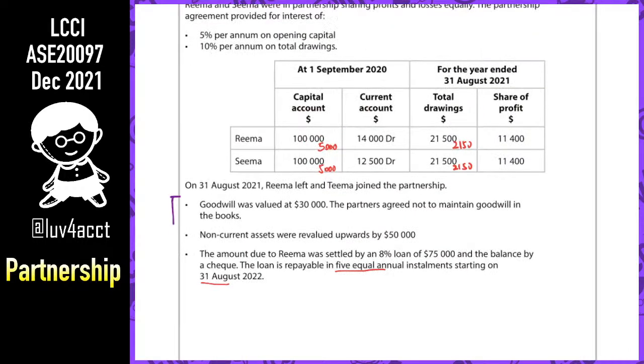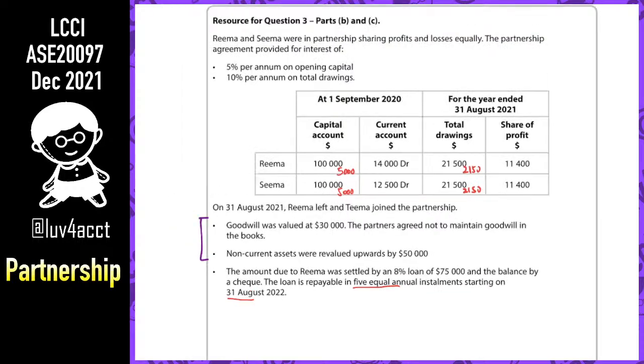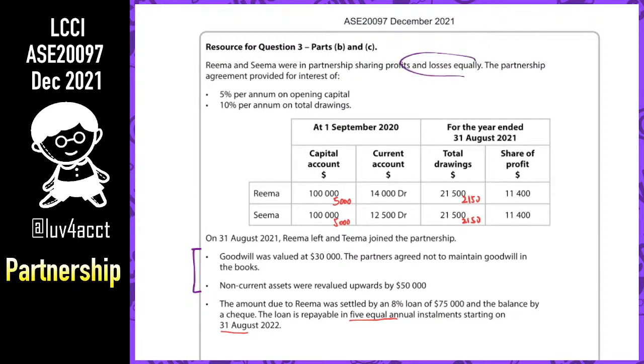Goodwill, from nothing to something, it is a creation, a revaluation upward. This amount will be gained by the partners. Both partners will gain from it. And then the non-current asset is also revalued upwards. So there is a gain for both items of revaluation, 30,000 and 50,000, and it is shared equally.